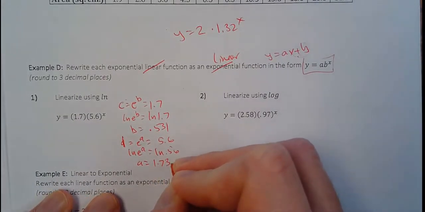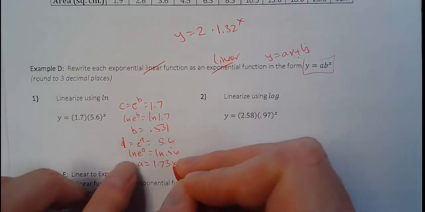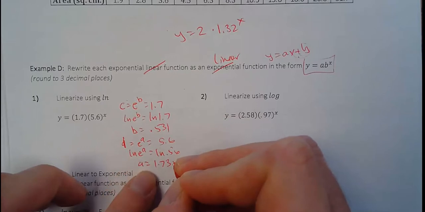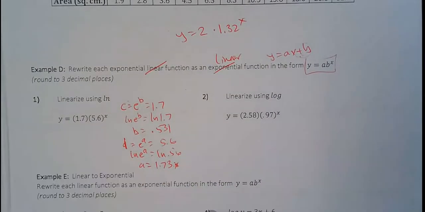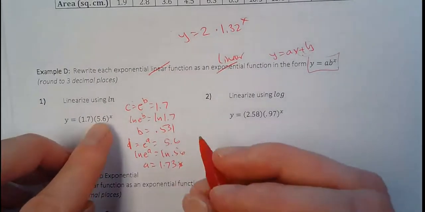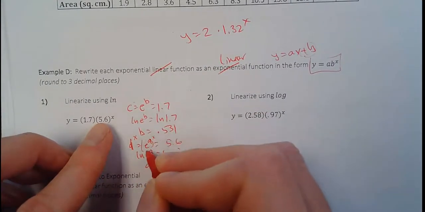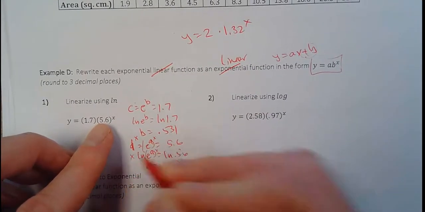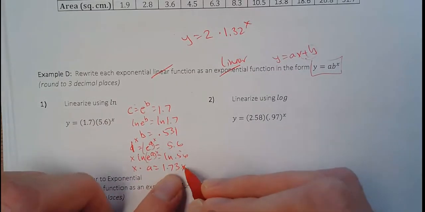1.73. Where did I go wrong here? To the x. Oh, here we go. So d to the x would equal this to the x. And if I bring the x out front now, so x times a equals 1.73x.